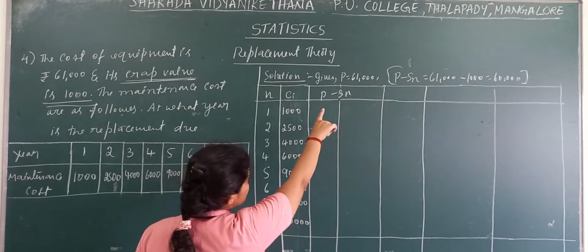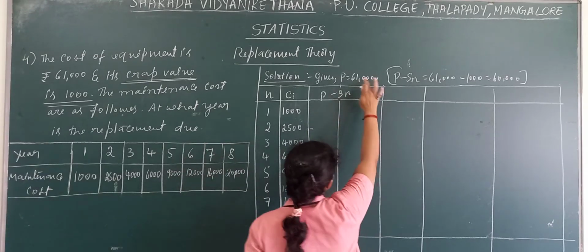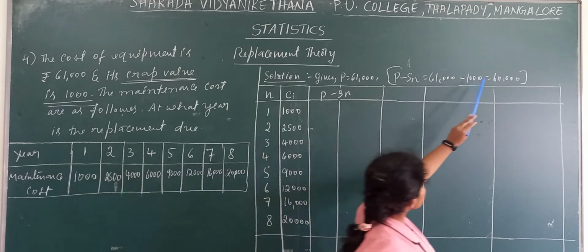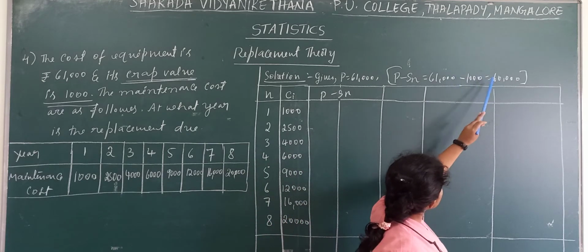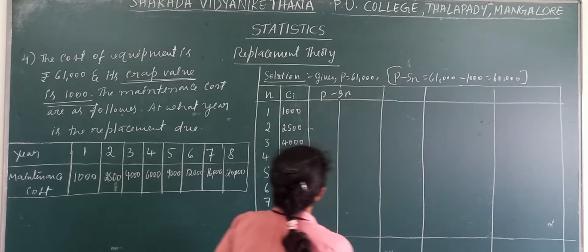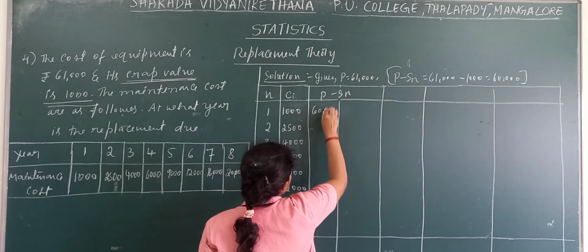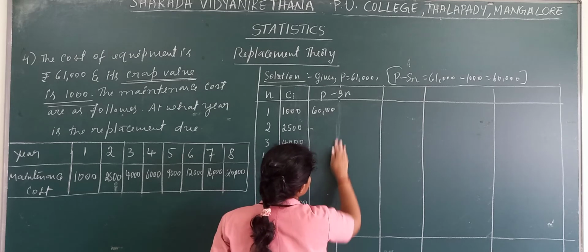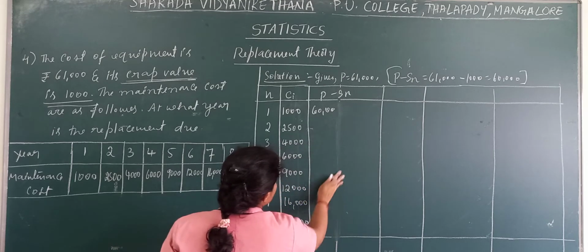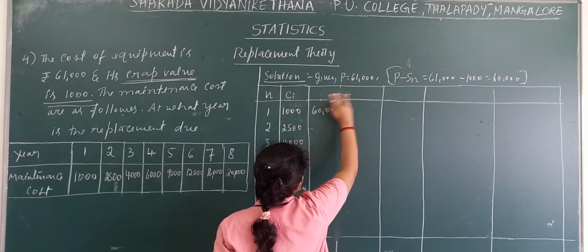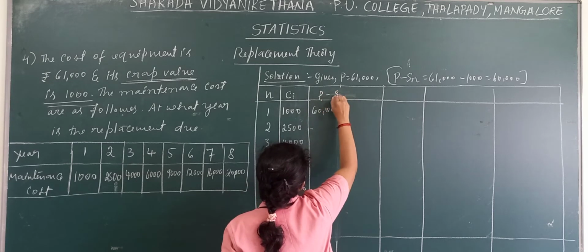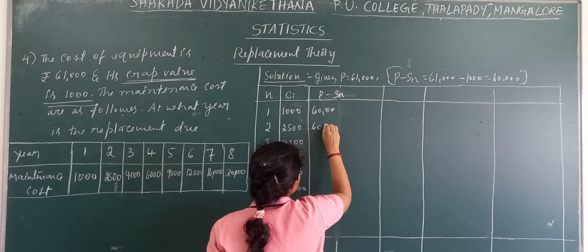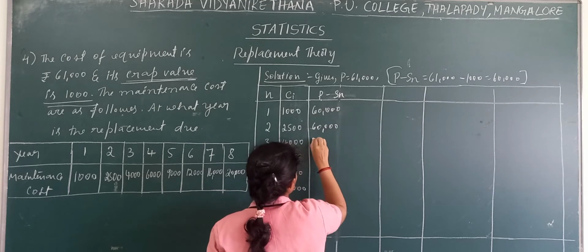We know that P minus SN for all the years is 60,000. We already calculated it. Write P minus SN as 60,000 for all the years.